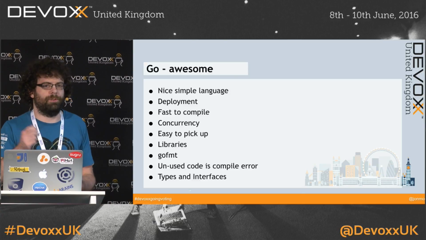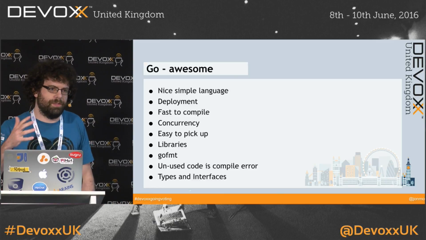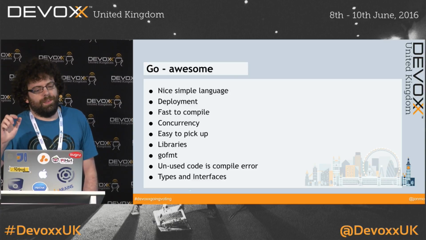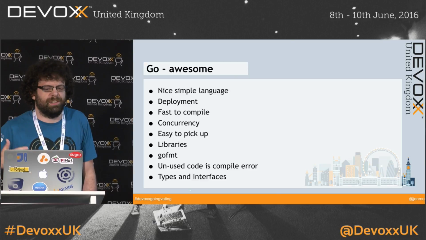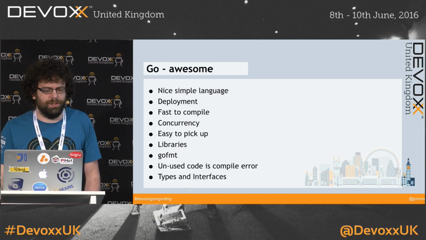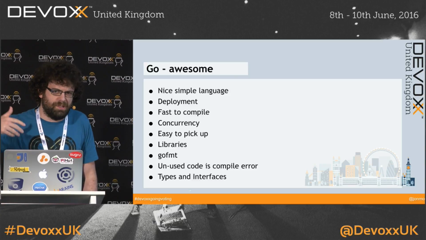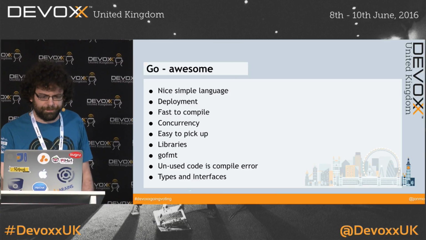You run it through go fmt, and it makes it really easy to pick up if anybody's written it. And as part of the tooling, unused code is a compile time error. So if you leave something unused, you don't have those littered around your code. It kind of promotes good practice.